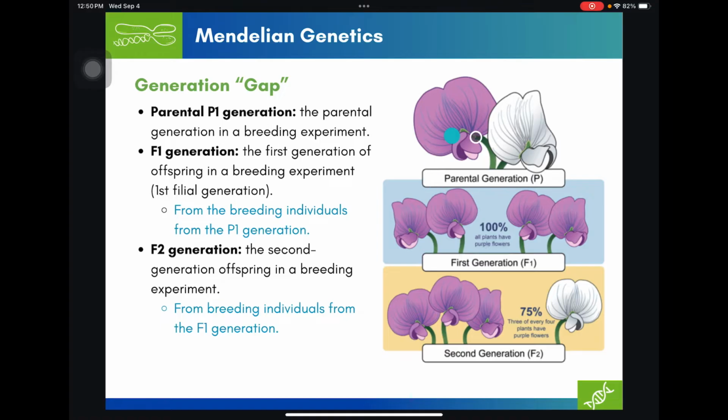Most likely, when we cross two pure parent plants, one containing a homozygous dominant and one containing a homozygous recessive, the F1 generations are all heterozygous, containing heterozygous alleles.